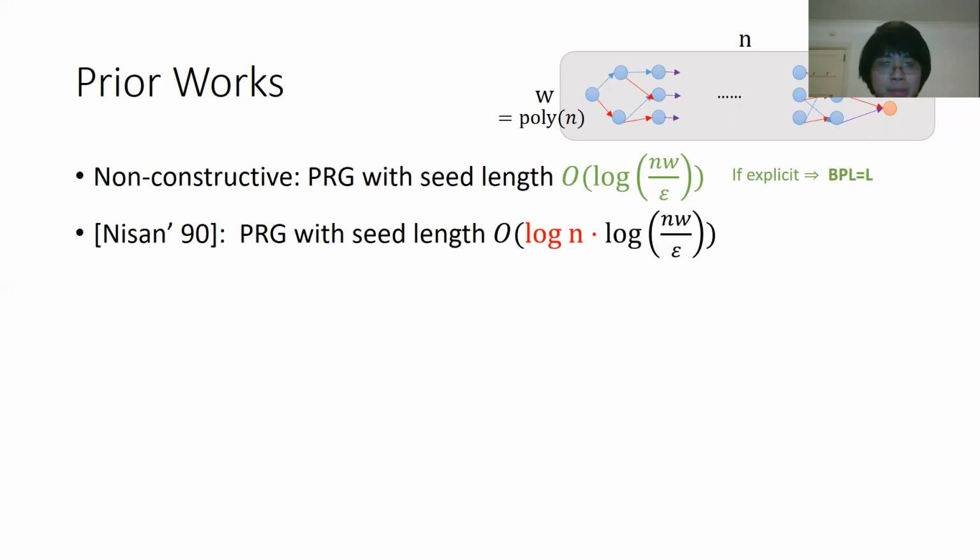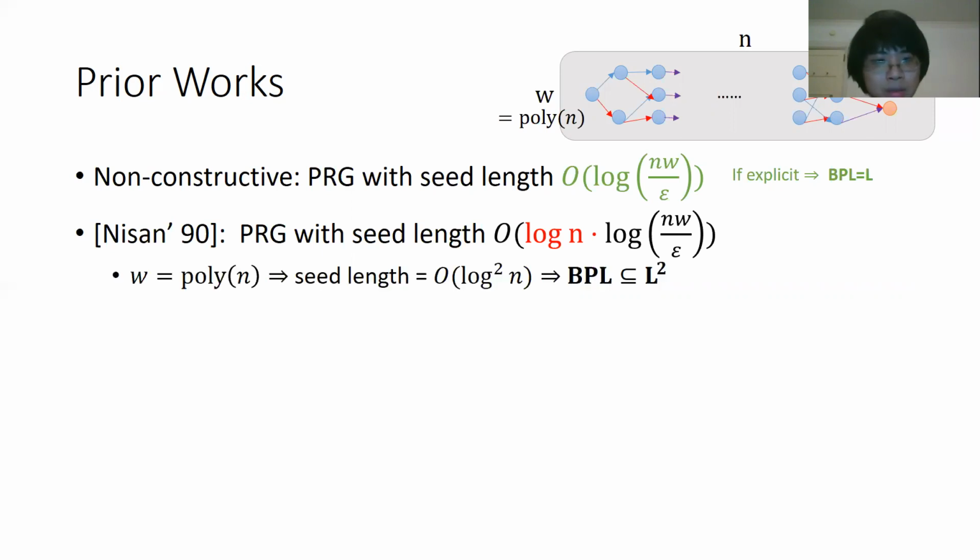However, the best explicit PRG, by Nisan in 1990, has a seed length which has an extra log n factor compared to the optimal non-constructive PRG. This will only imply that BPL is contained in L squared.